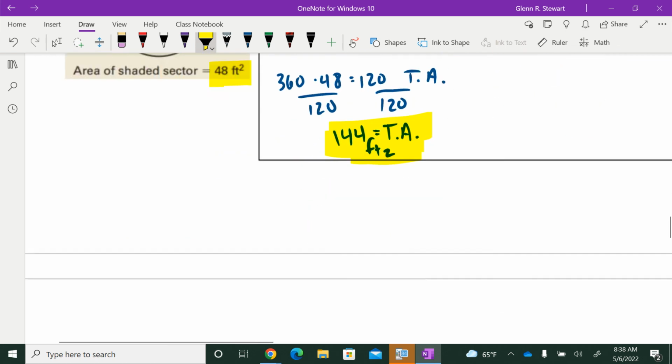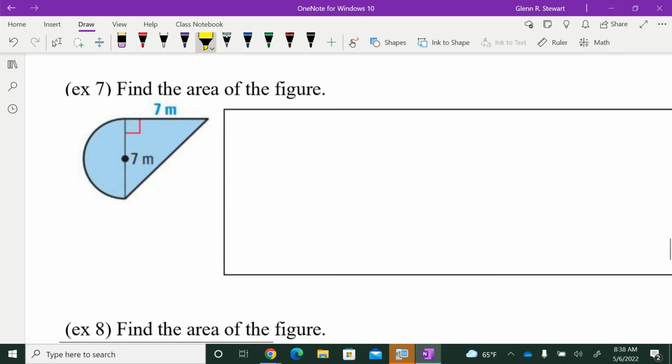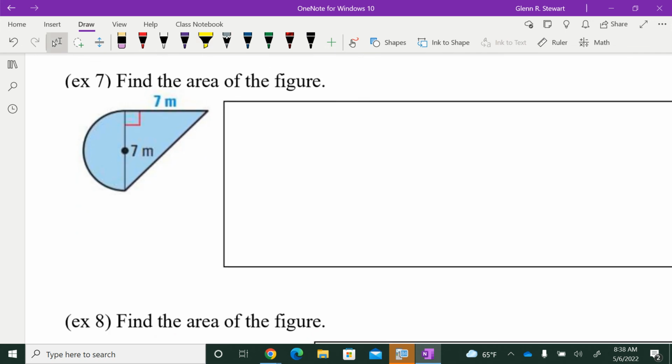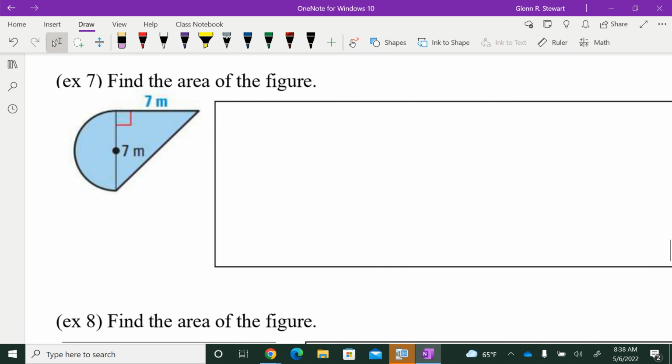Last time is 8:38. I think we can finish up the video. Find the area of the figure. Yeah, we can do this. We got this. All right. Find the area of the figure. First off, we've got two different figures.